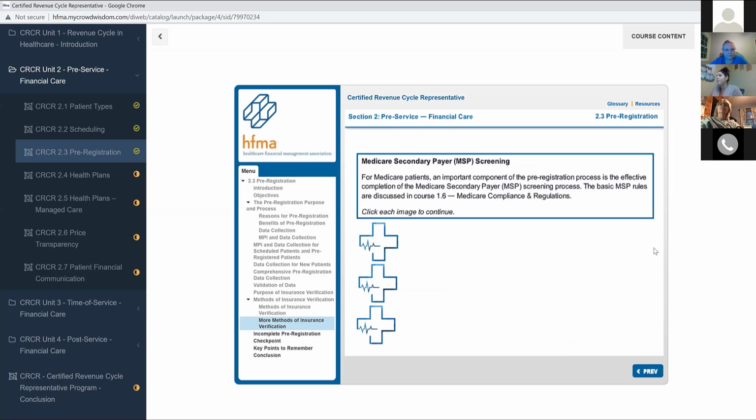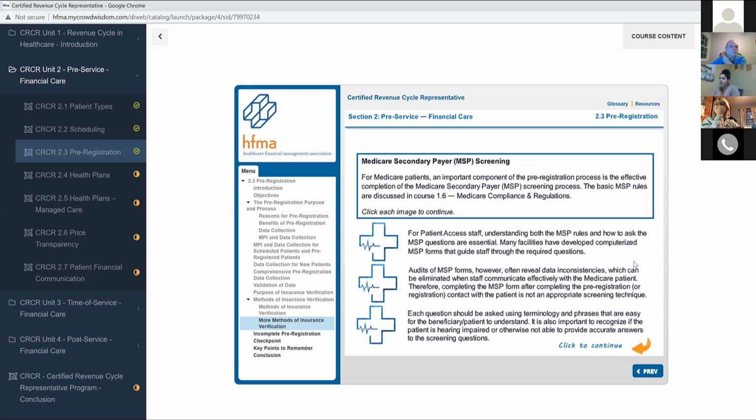Okay, anyway. All right, so for Medicare patients, an important component of the pre-registration process is the effective completion of the MSP. And the basic MSP rules are discussed in course 1.6. So they were in the first week. You could always refer back to them. But for patient access staff, understanding both the MSP rules and how to ask the questions are essential.